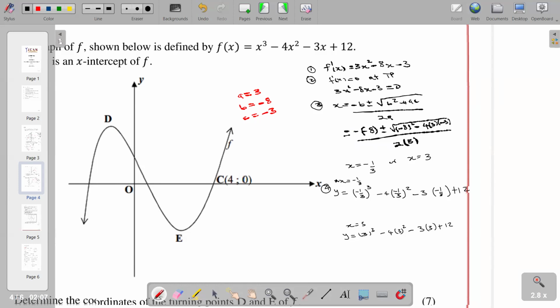When you go to the calculator, what are we getting? Here it is.